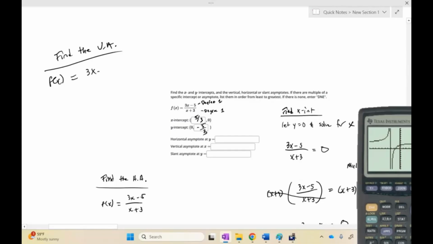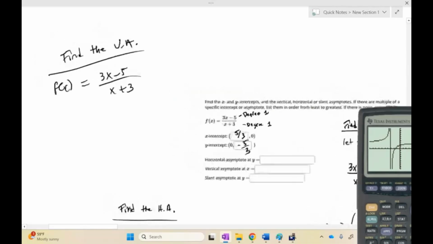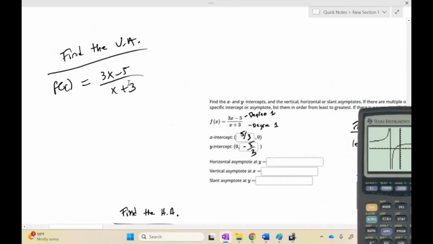Okay, same equation, 3x minus 5 over x plus 3. Can I factor the numerator or the denominator? Or like if I were to put a set of parentheses around this, can I factor out a greatest common factor? Not really, right? I can't factor that, make that 2 sets of parentheses, so that's already factored.